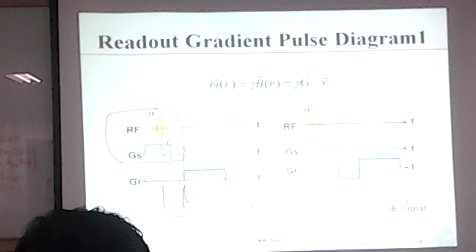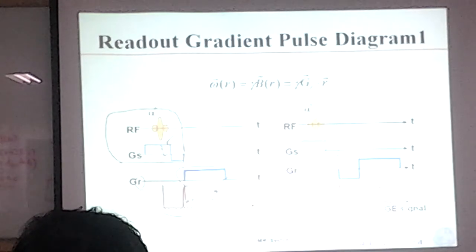So the same problem occurs here because the readout gradient is also a very strong field inhomogeneity. So the T2 star is very, very short. Right? So we cannot acquire the data for this signal.